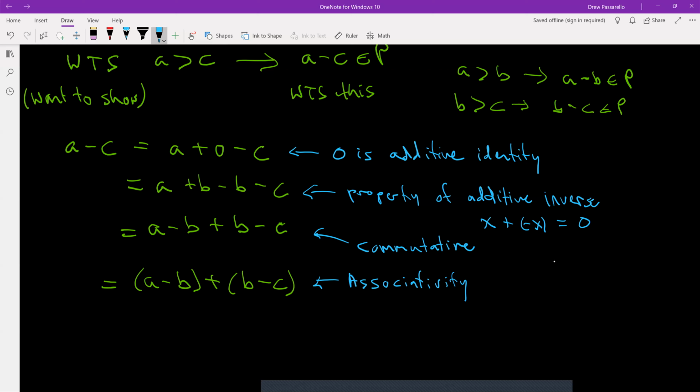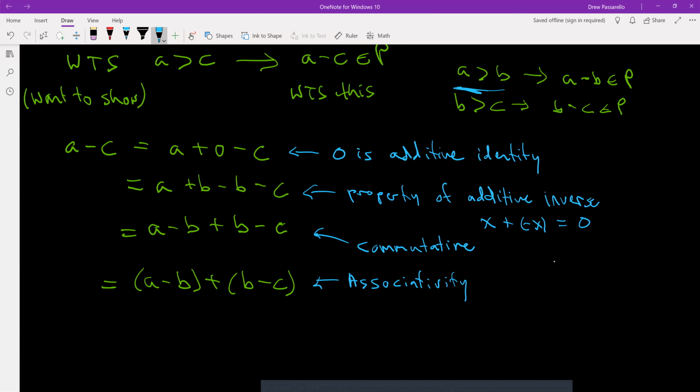I'm just grouping the A minus B, and then the B minus C. Now I can make use of what I know. Well, what is A minus B? We know A is greater than B, so A minus B is an element of P.